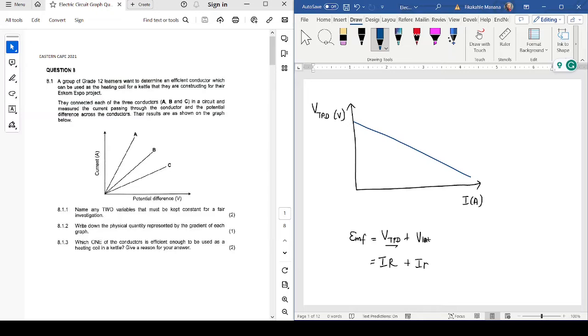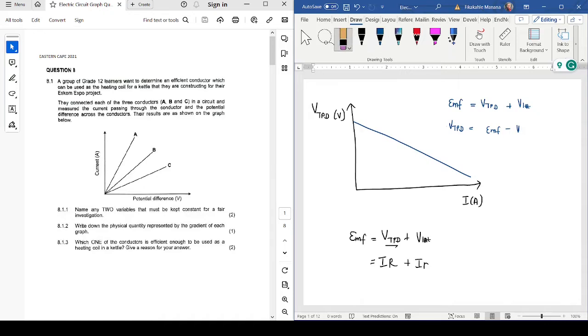If you look at your EMF formula, like I said, it is equal to your terminal potential difference plus your lost volts. Written in terms of your terminal potential difference, that would be equal to your EMF minus your lost volts.